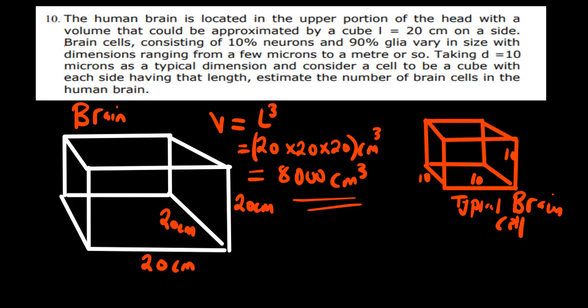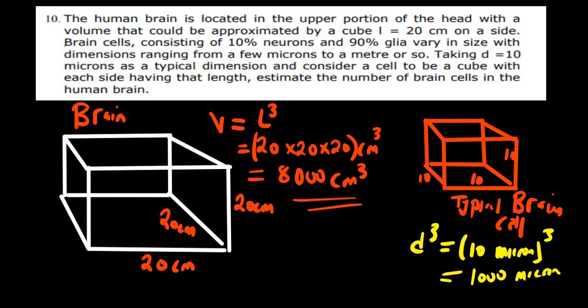To find the volume of the cell, D cubed will be equal to 10 microns, like they've said, but since there are 3 of them, I'm going to cube them. So the volume of this cell is 1000 microns cubed.